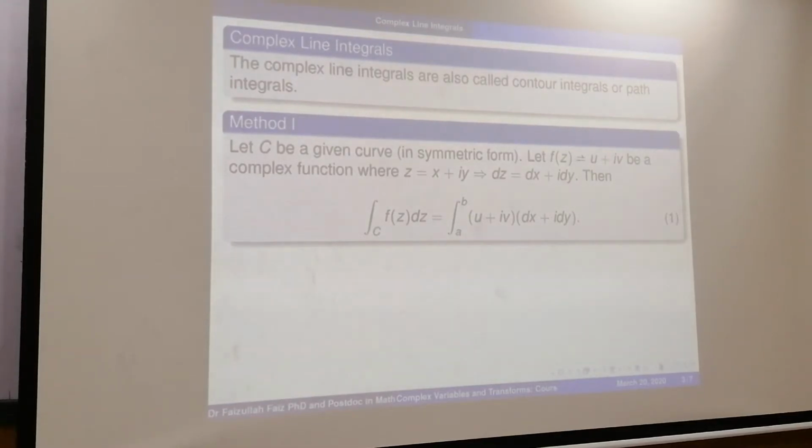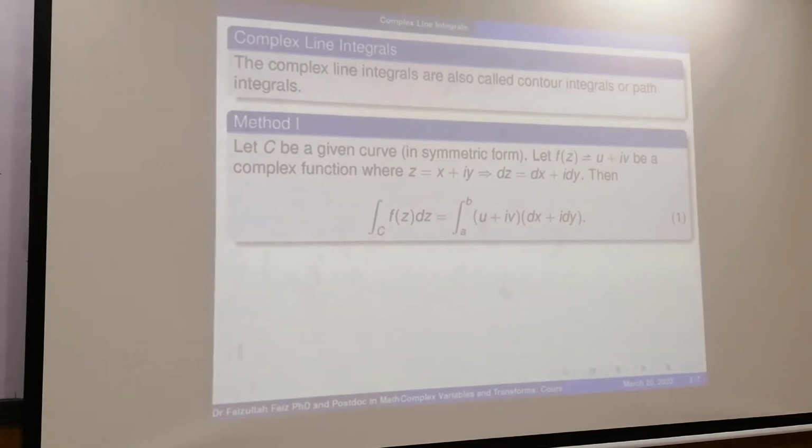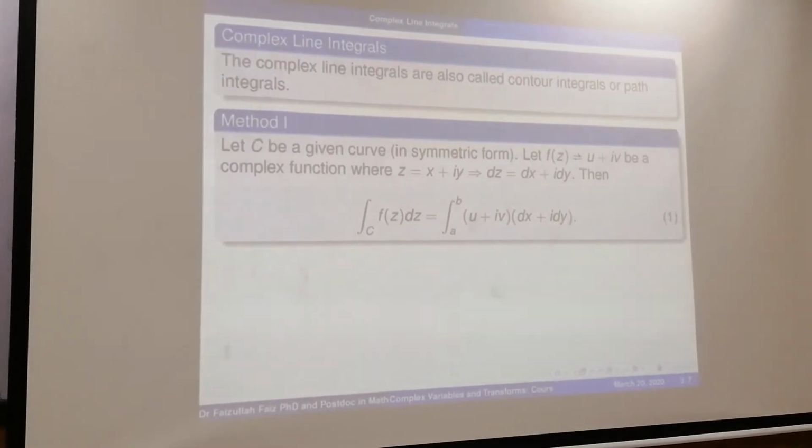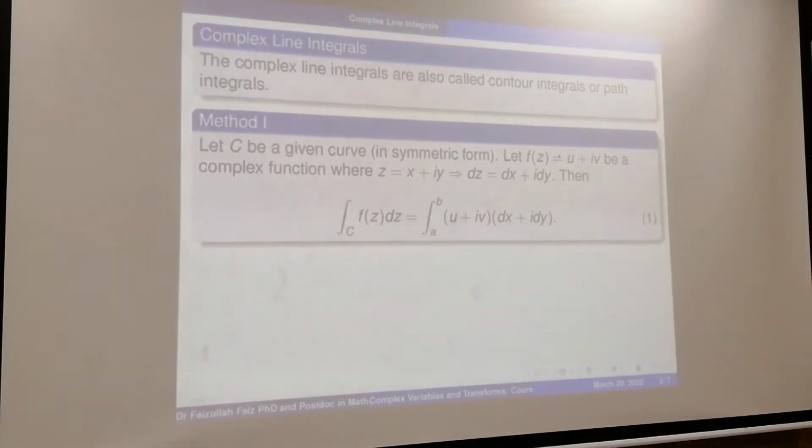In this method, C is some curve. If the curve C is given in the symmetric form, then we can use f of z equal to u plus iota v, and similarly dz equal to dx plus iota dy, and then this complex integral along the curve C is given by equation 1, which you can see from the board.